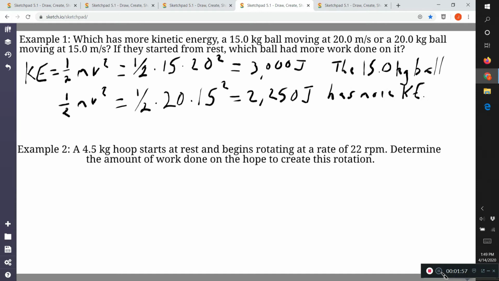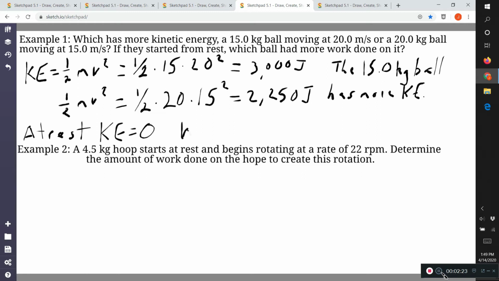Now, if they start from rest, which ball had more work done on it? Well, the first thing that is important is to understand at rest, both of these objects, because they have a velocity of 0, have a kinetic energy equal to 0. If we look at our formula 1/2 mv squared, if the velocity is 0, that means the kinetic energy is 0. So, which one had more work done on it?